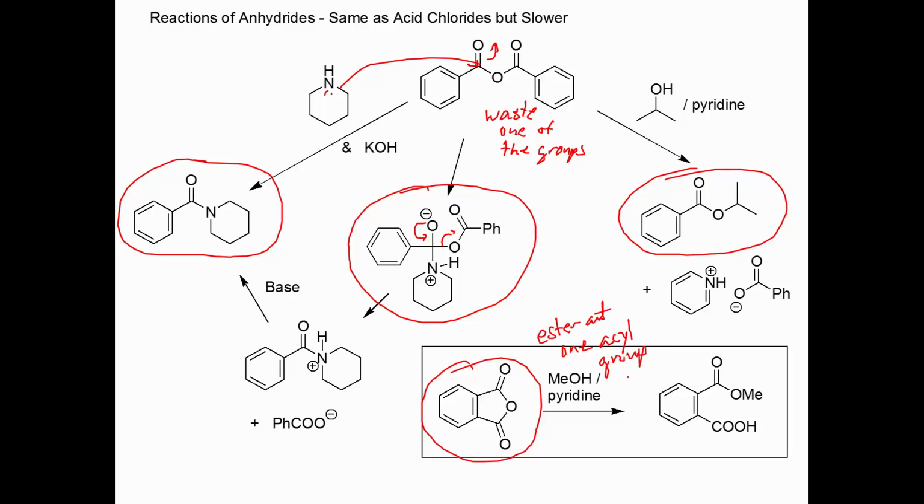And the other acyl group will become a, sorry, carboxylic acid. Okay, so this reaction here is going to produce this compound that contains both an ester group and an acid group in it.